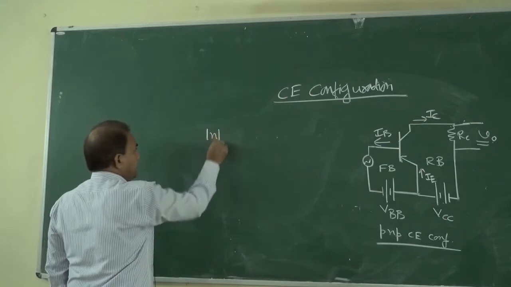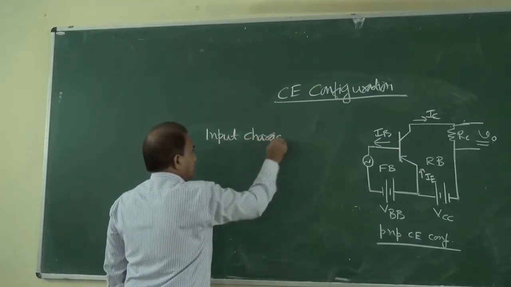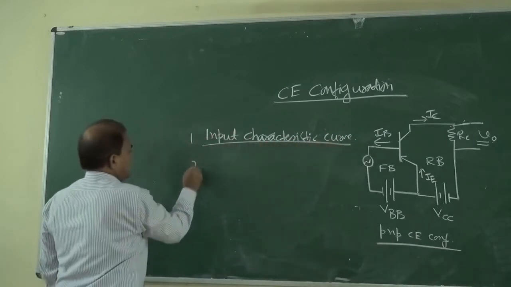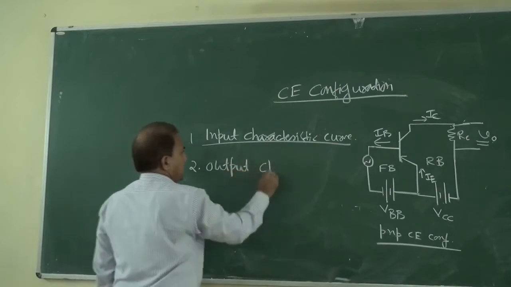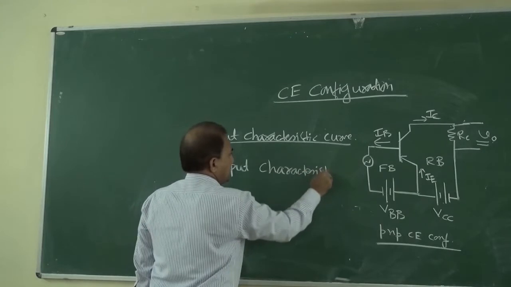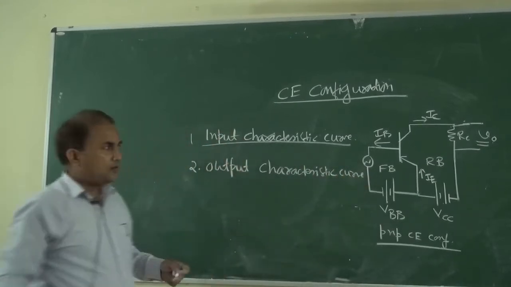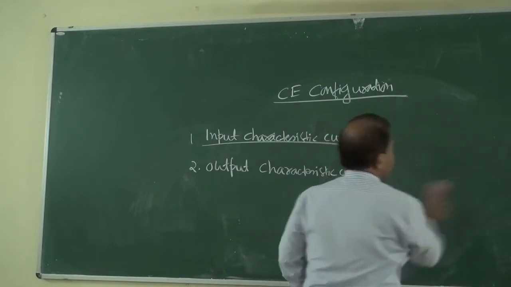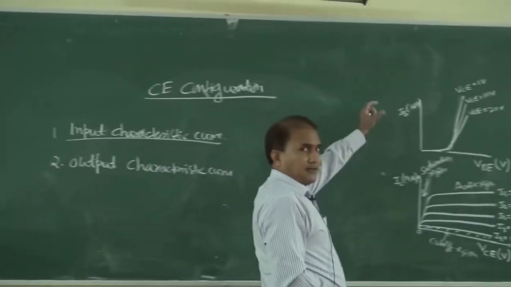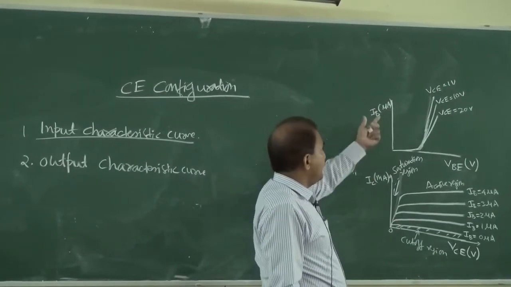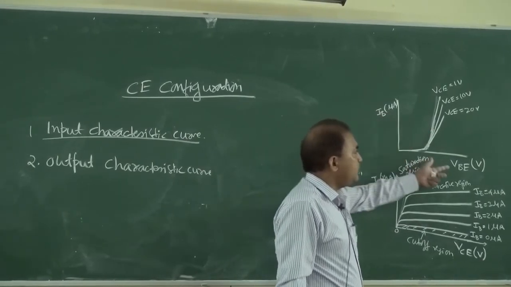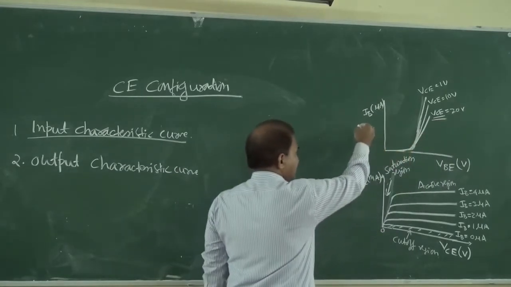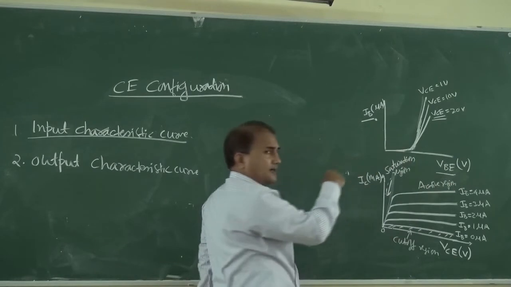The input characteristic curve is the graph between input current and input voltage for different values of VCE, that is, IB versus VBE for different values of VCE.